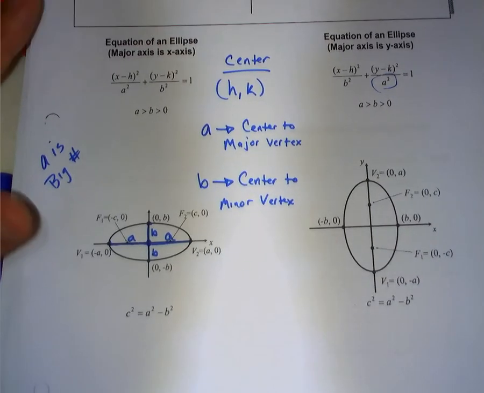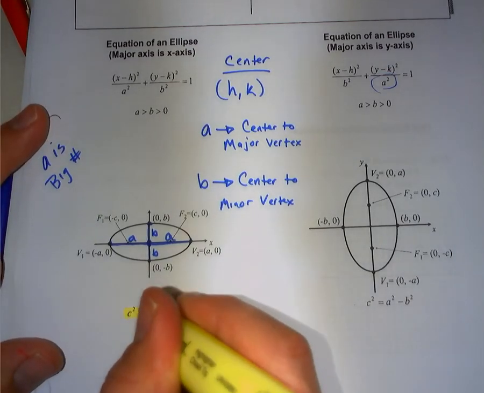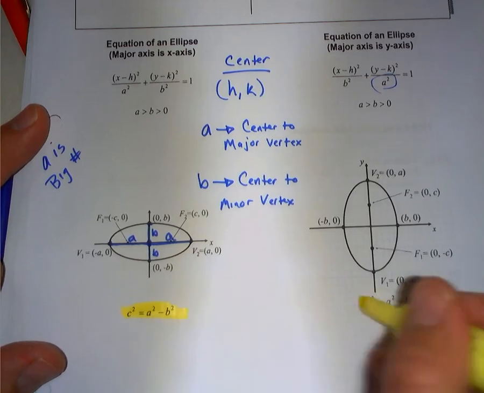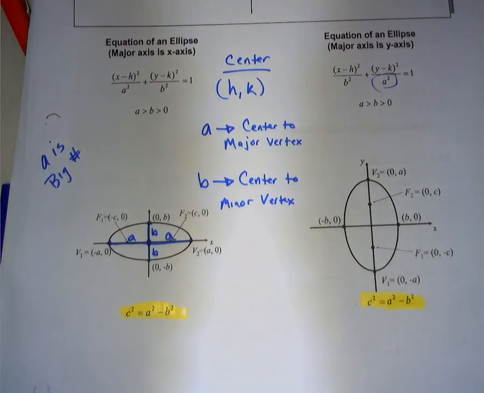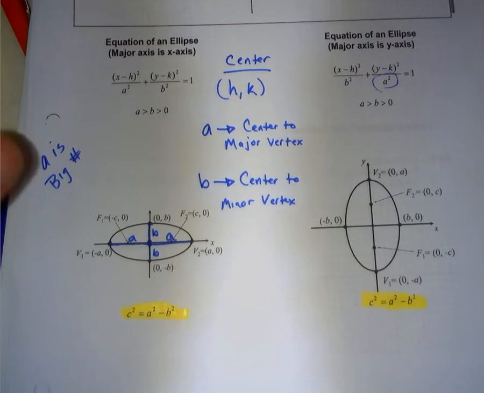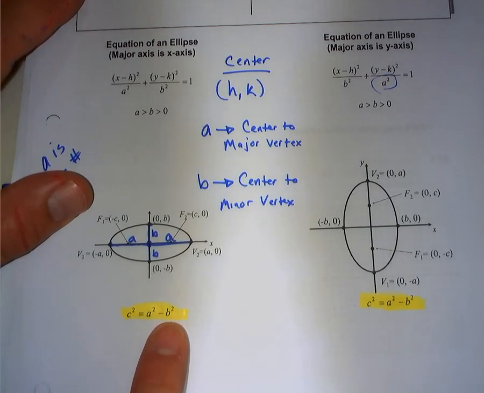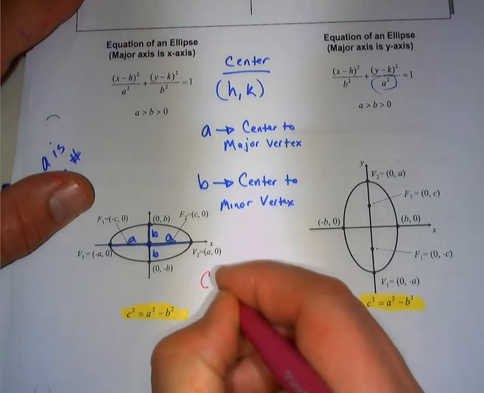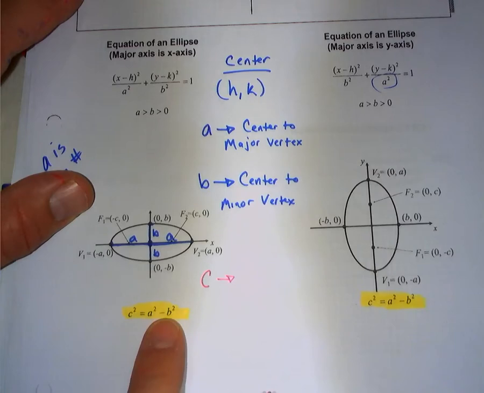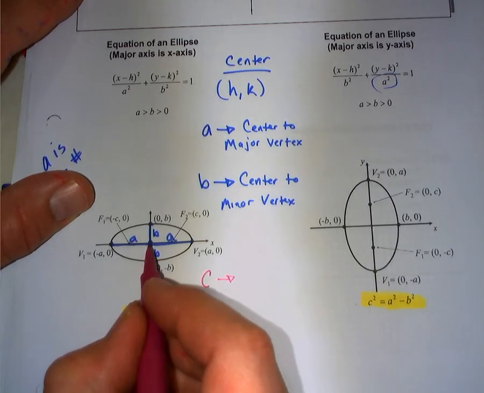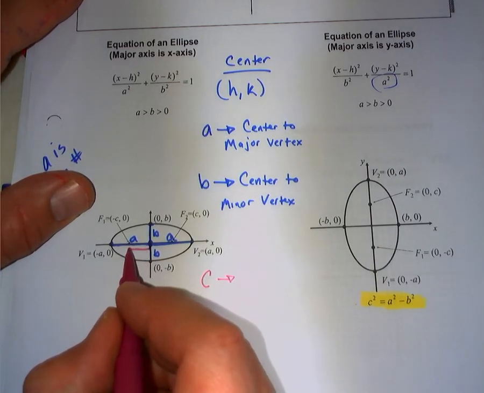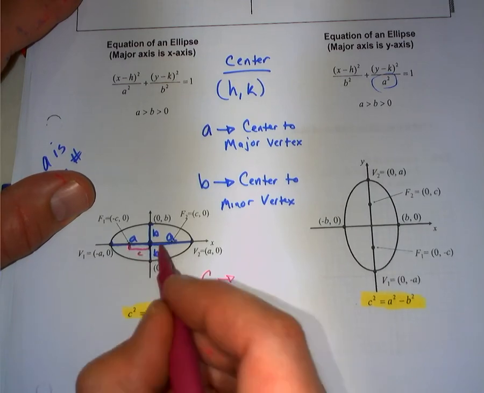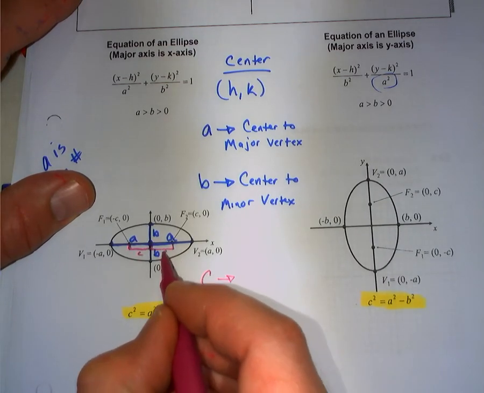Okay. Last but not least is the c value. Now the c value has its own little formula here. You guys see that? The formulas are the same. A lot of people think it's the Pythagorean theorem. It's not. It's actually the difference, a squared minus b squared. So if I want c, I use this formula. And c is from the center to your focus. So center to focus.